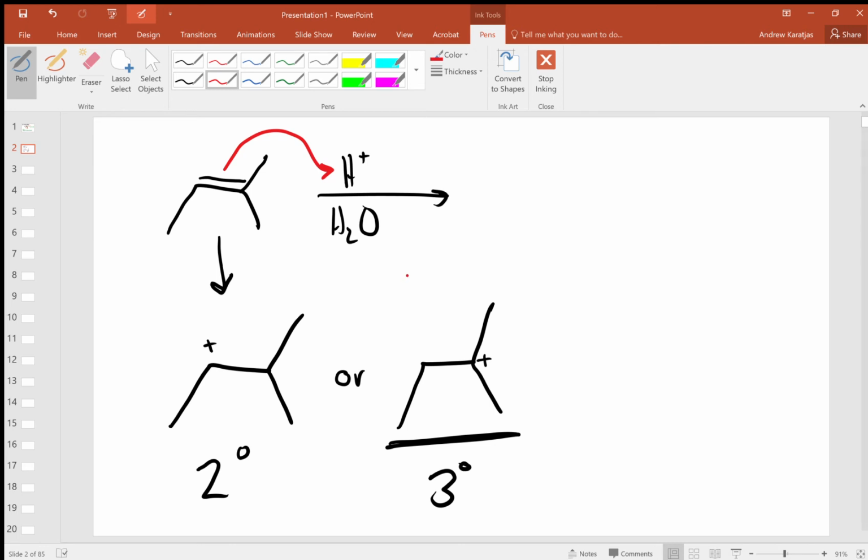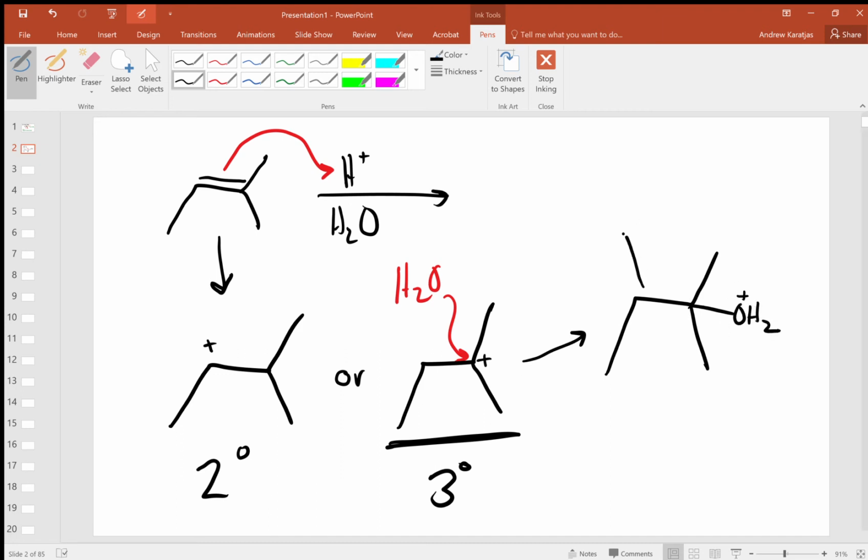Once we form the carbocation, water attacks to form this cation, which loses a proton to give us our product.